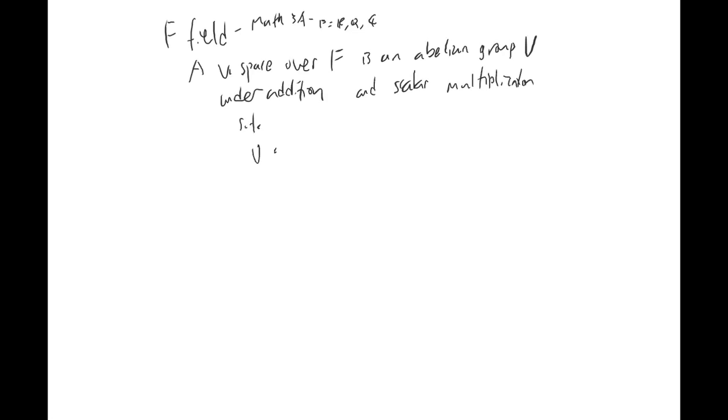for all a, b in F, alpha, beta in V, a times alpha is in V. So basically when you multiply by your scalar, you stay in your vector space. And if I multiply ab times alpha, it's the same as multiplying in your field first and then multiplying by alpha.